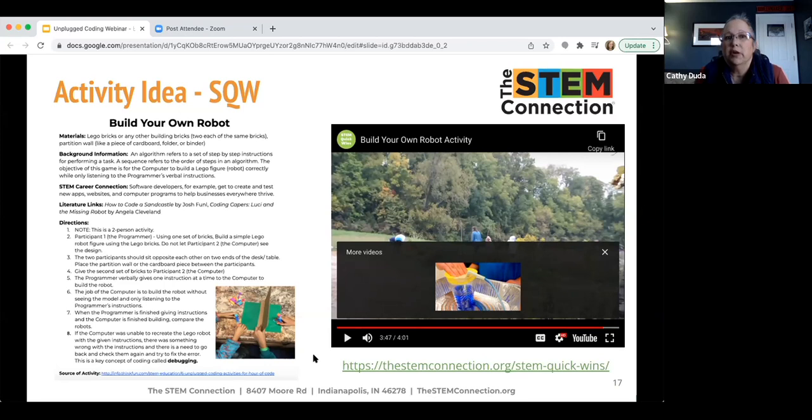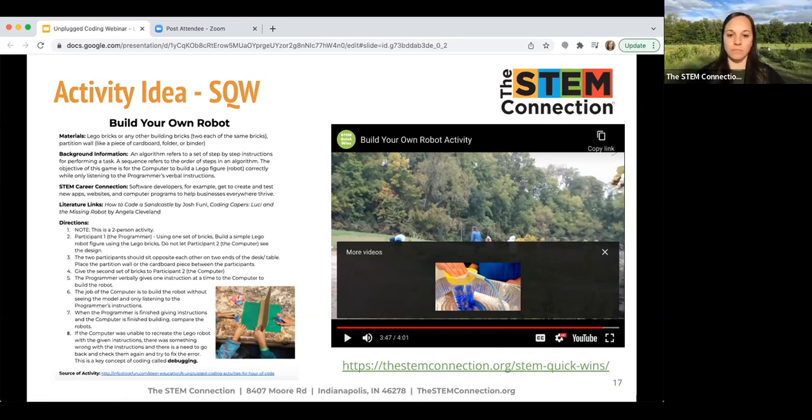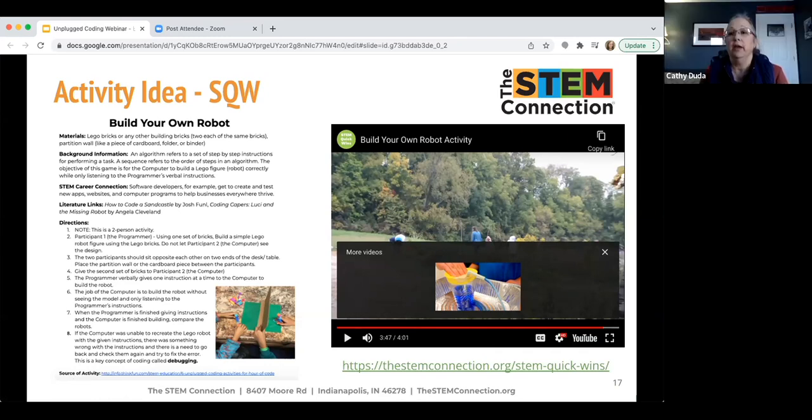Yeah, so especially differentiating by age, they like drawing, like doing a maze, and then having one person be the computer and one person being the programmer, and the programmer having to walk around or giving the commands to the computer. Like in one of the pictures, it showed the outdoor one.